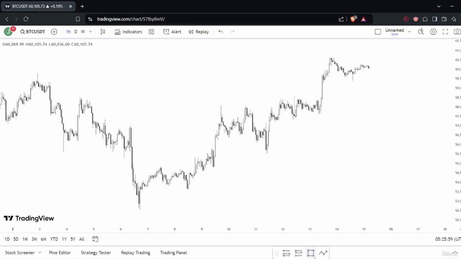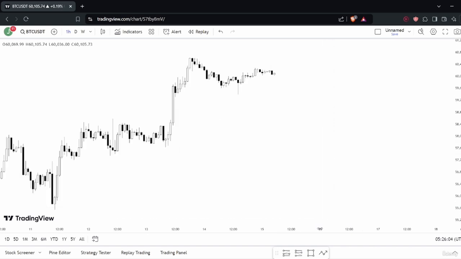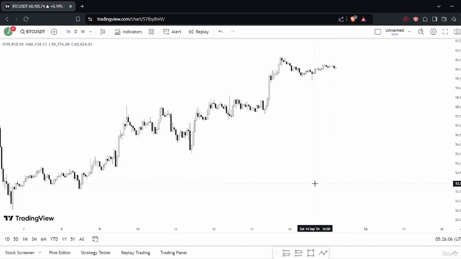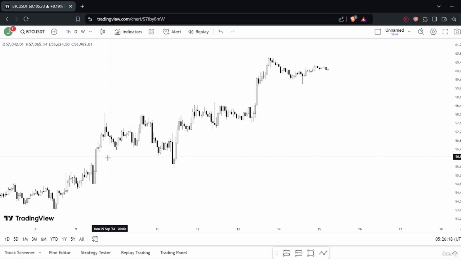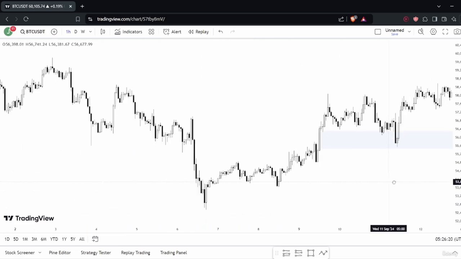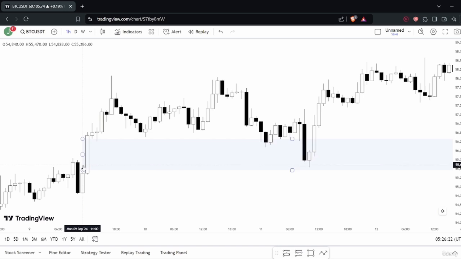Okay, so now we're gonna be talking about fair value gaps on this case. What's a fair value gap? Fair value gap, it's a way of seeing real displacement, real institutional buying or selling. Okay, so fair value gap will be the price in which there's no intersection of 1, 2, and 3 candles.